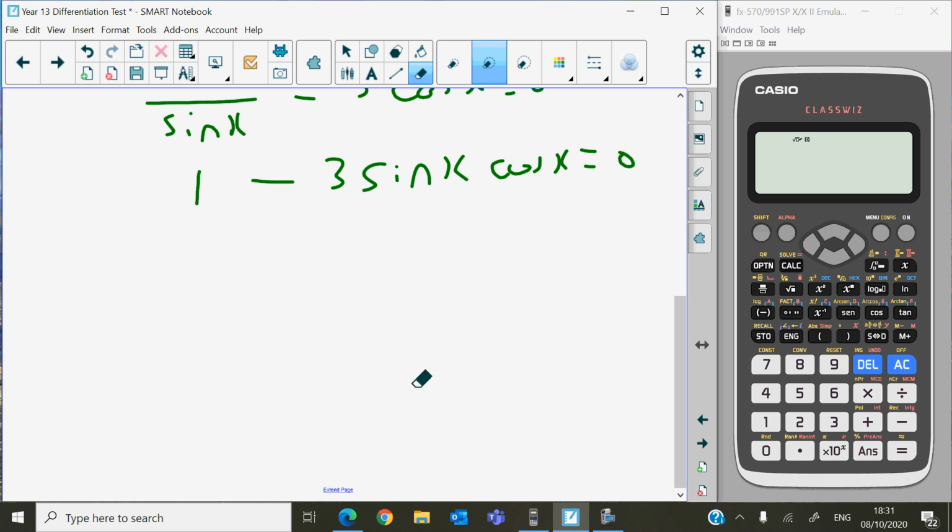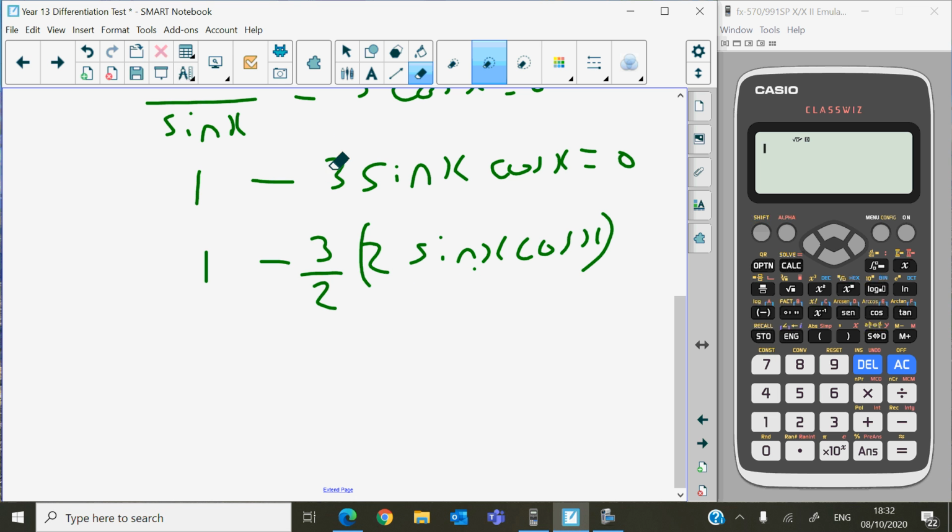So how can I make it so this is 2 loads of sine x cos x? We can do that by thinking of the fraction I can multiply it by. If I divided this by 3 and multiplied it by 2, I'm getting this bit. So in a bracket, I'd need to take that factor out. In other words, I could actually say this is 3 over 2 loads of 2 sine x cos x.